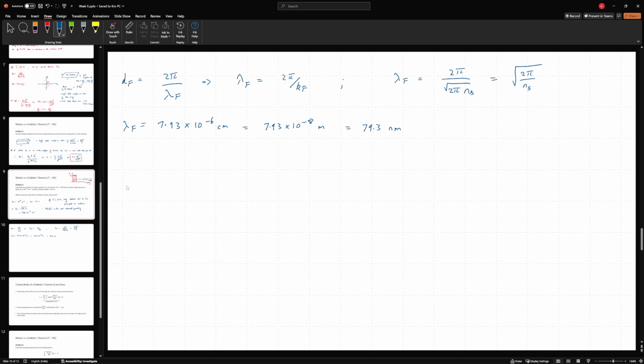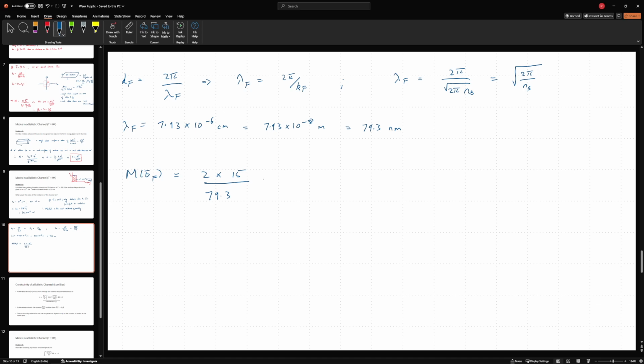Now the width of the channel was given to be 15 nanometers. So how many half wavelengths fit into this? Well, let us see. The number of modes at EF is going to be 2 into 15 divided by 79.3.